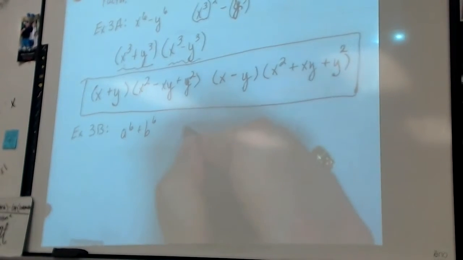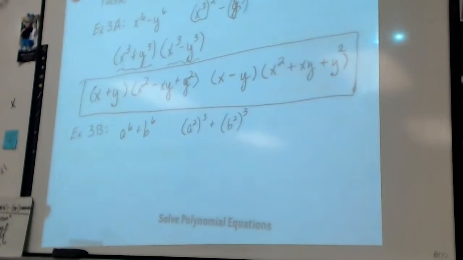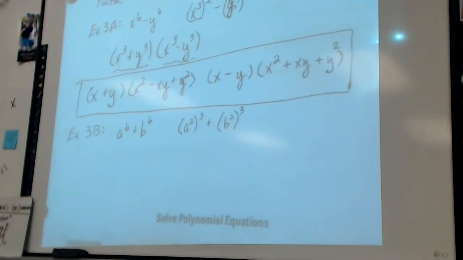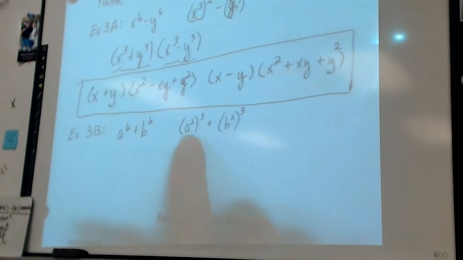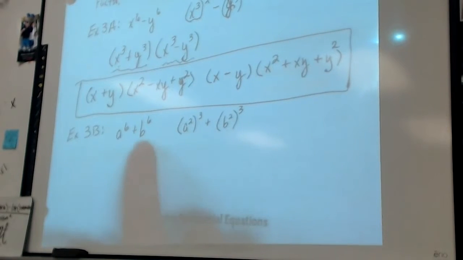So I could rewrite this as a squared cubed plus b squared cubed. So what would your cube root of a to the 6 be? A squared. What would the cube root of b to the 6 be? B squared. Okay? So we're going to use our sum of cubes.